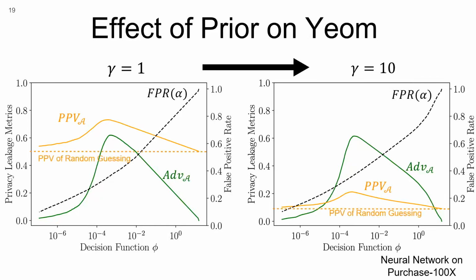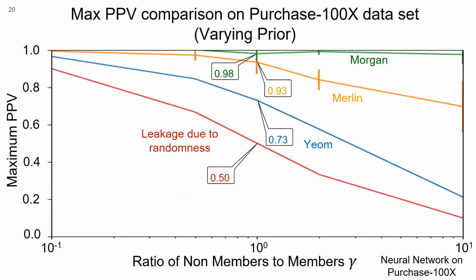Note that the PPV of random guessing also decreases from 0.5 to 0.1 when gamma changes from 1 to 10. While the maximum PPV of YOM is greater than random guessing, indicating some privacy leakage, it is still not enough to pose a significant threat. Here we vary gamma between 0.1 and 10 and compare the maximum PPV of all the attacks against non-private models.